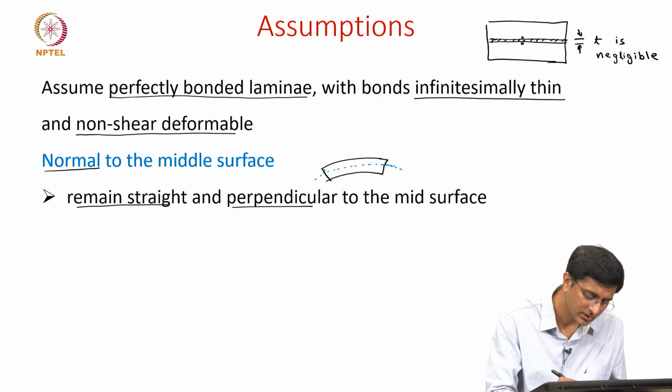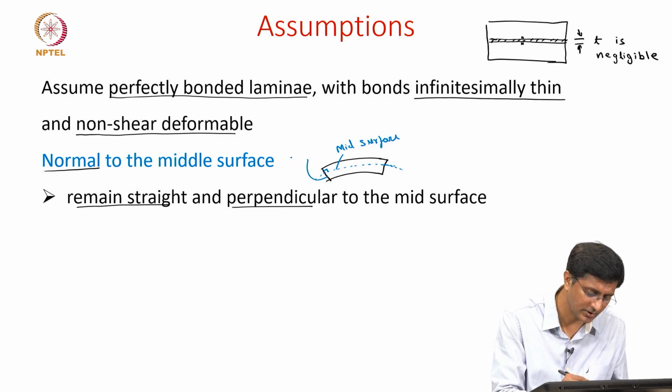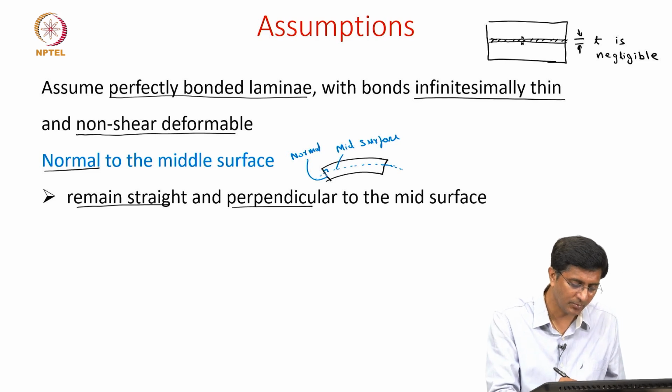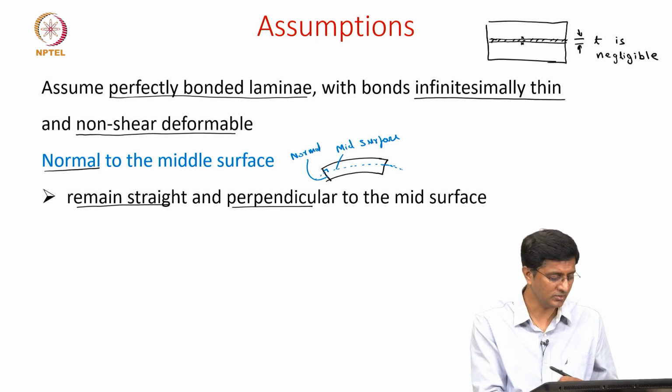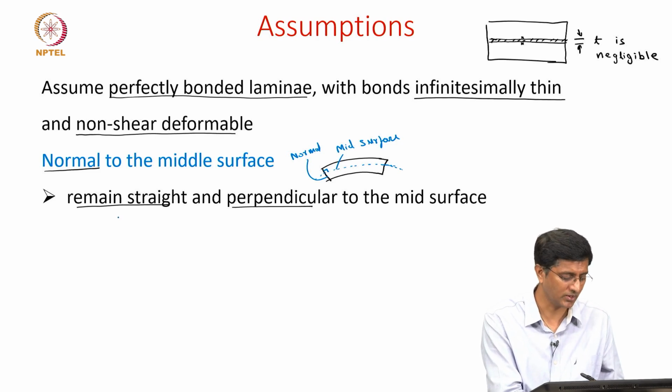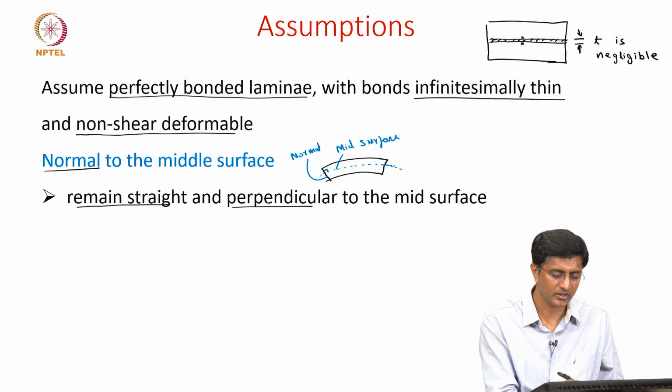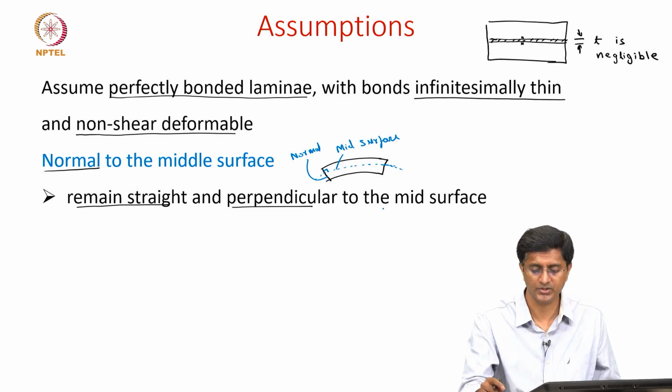What we are saying is, even after deformation, this mid surface and this edge, let's say the normal, are perpendicular even after deformation. They remain straight as well as perpendicular to the mid surface after deformation.